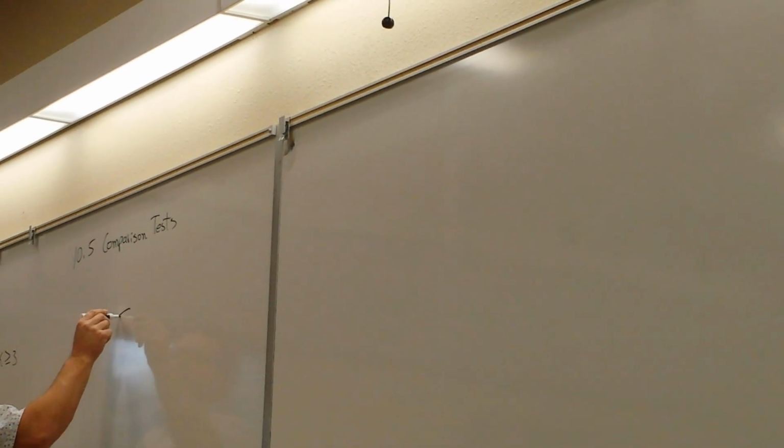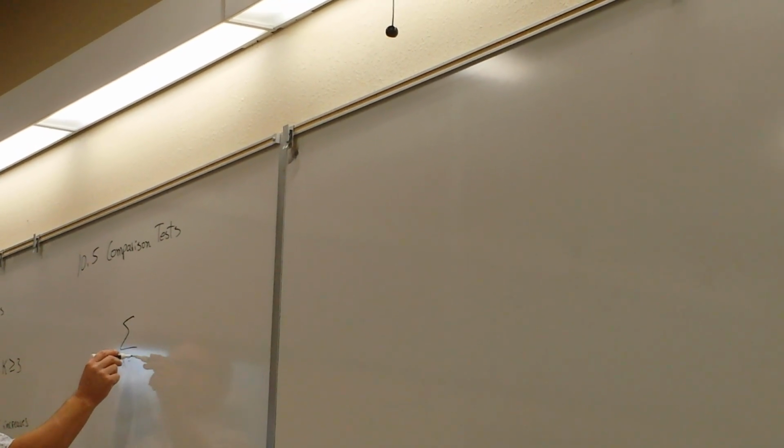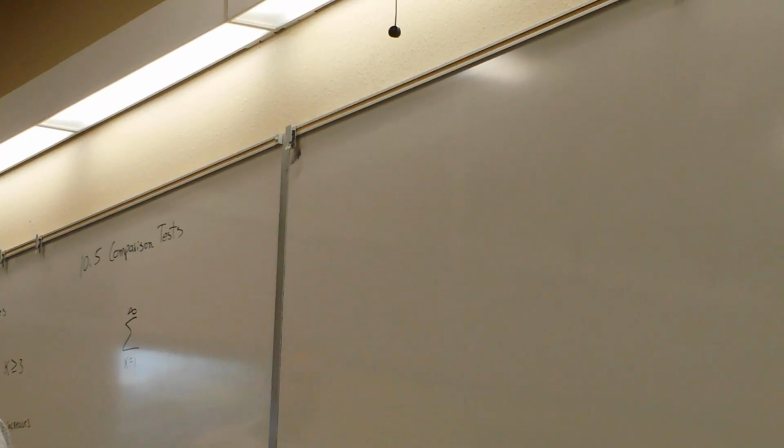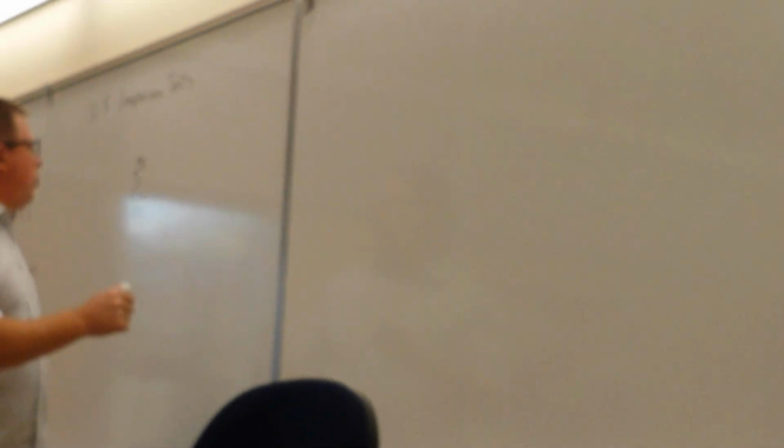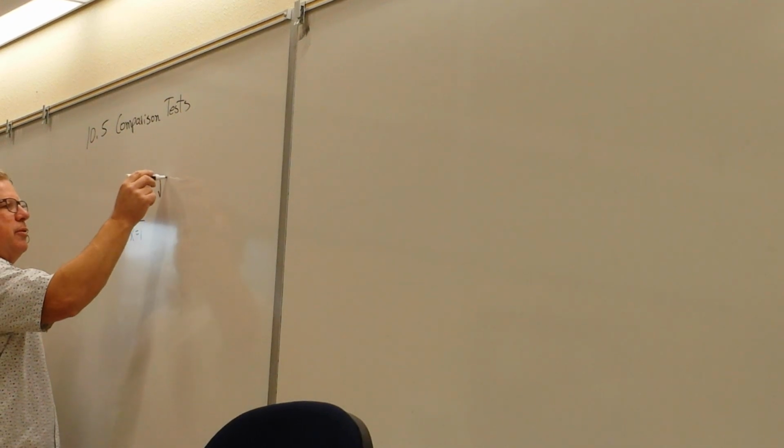All right, here you go. The sum k equals 1 to infinity of square root k over k squared plus 3.